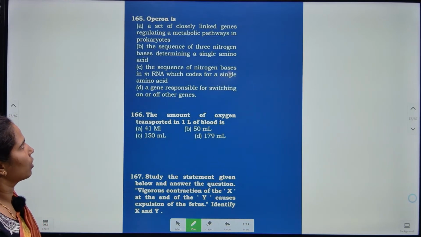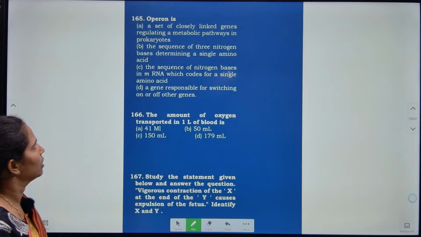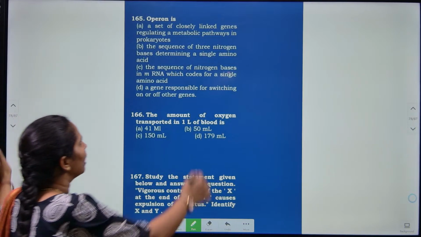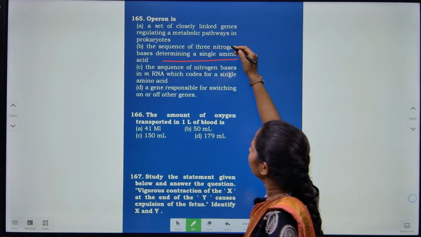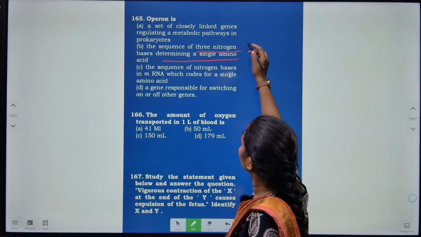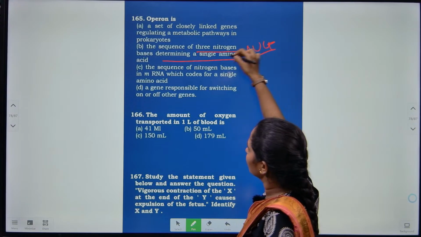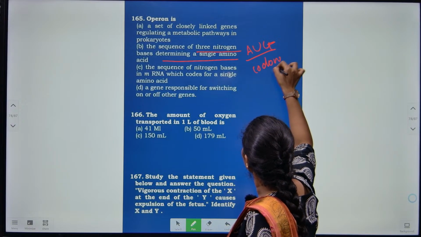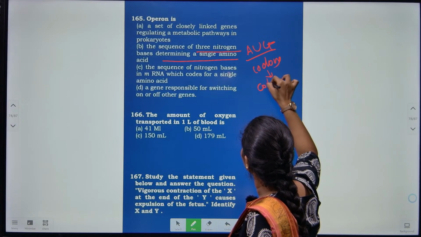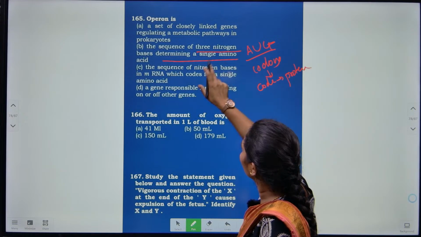Next, operon. Operon is a set of closely linked genes regulating a metabolism pathway in prokaryotes. It is the sequence of 3 nitrogen bases determining the single amino acid. If it is a sequence of 3 nitrogen bases, for example AUG, then these 3 nitrogen bases are called codons, and these codons are going to code for the particular protein, and it is not called an operon here.